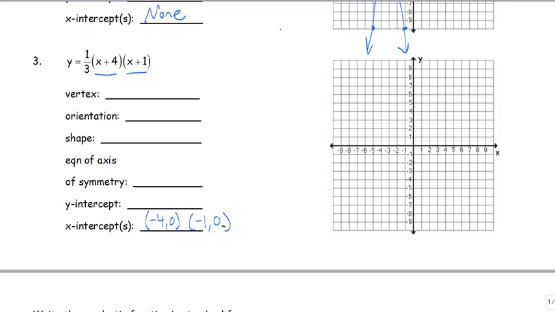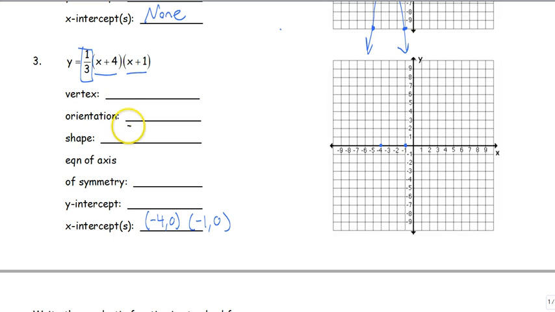Now again, the other thing you can figure out is the vertex is directly in between these two values. However, we're going to use the calculator for that too. But you should realize that they're directly in between -4 and -1, which would be -2.5, but we'll deal with that in a second.